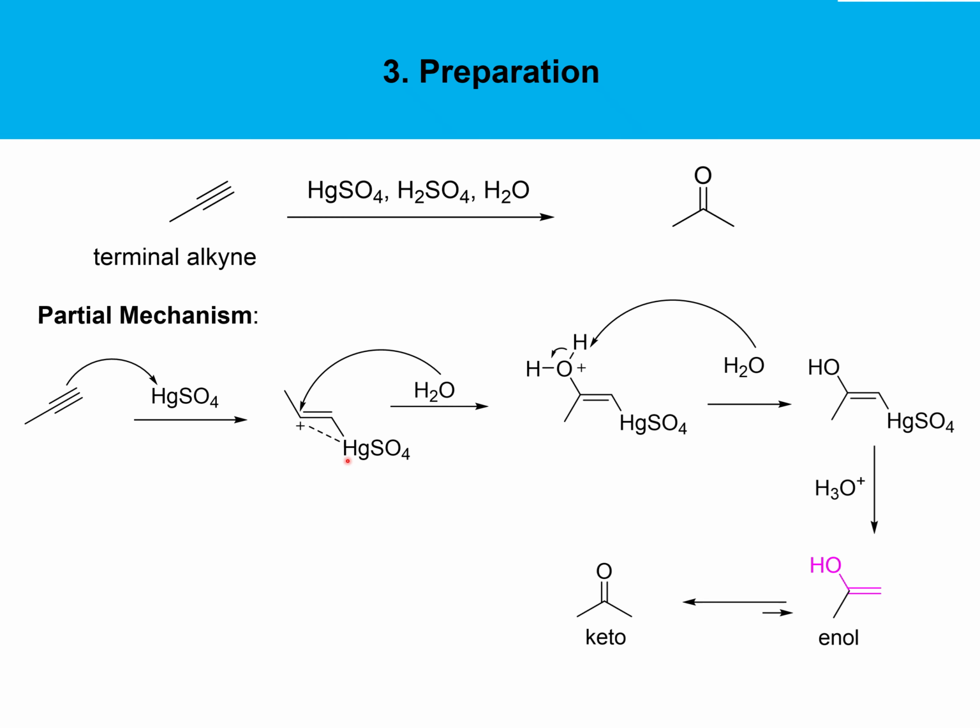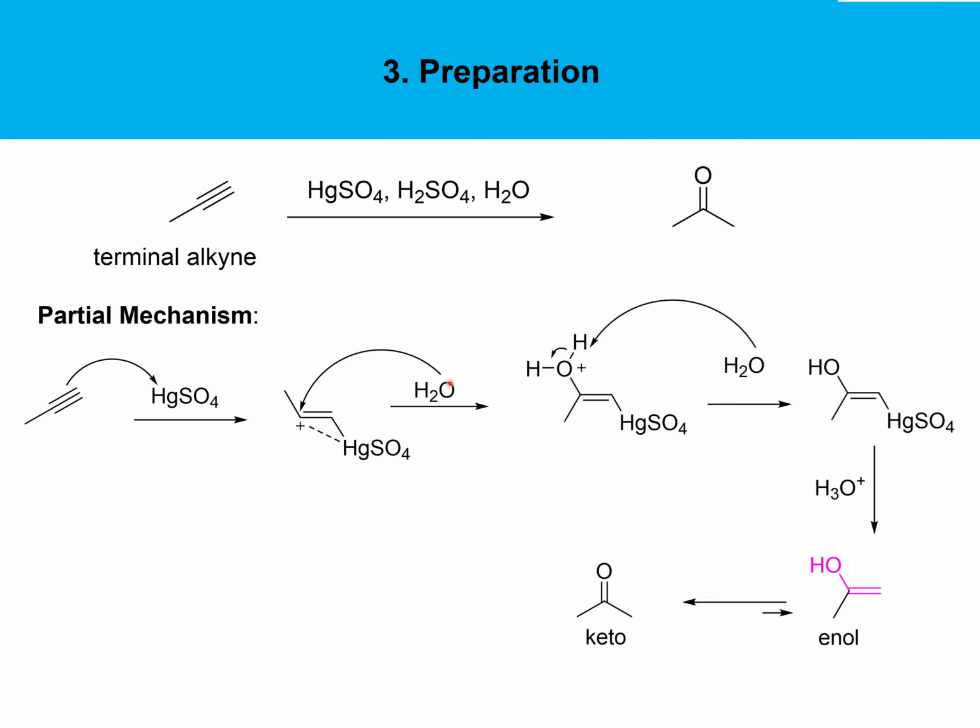So we often draw the mercurium ion in this fashion, where the mercury is bound on the less substituted carbon, and then it has a partial bond to the more substituted carbon, which has a positive charge.